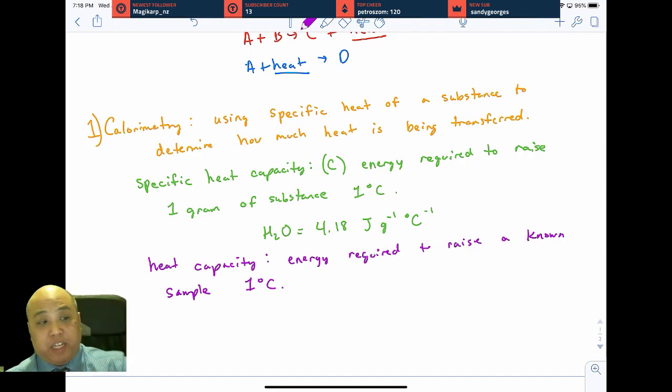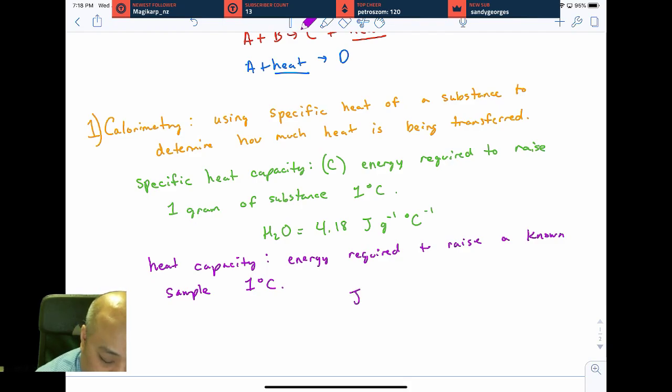Whereas specific heat capacity is independent of how much you have, like if you have 10 grams or 100 grams, the specific heat capacity per 1 gram is always the same. Heat capacity is usually a value that you calculate for a cup that you're going to be using a lot of times, or a metal bar that you're going to be using a lot of times. And so this unit is joules per degree Celsius.